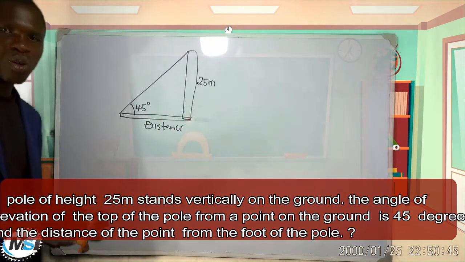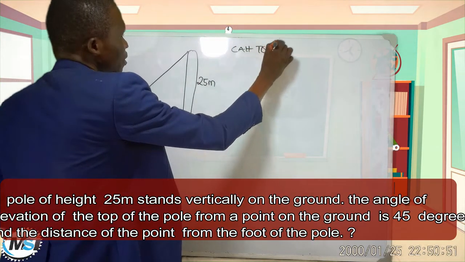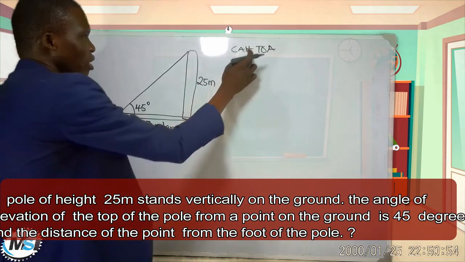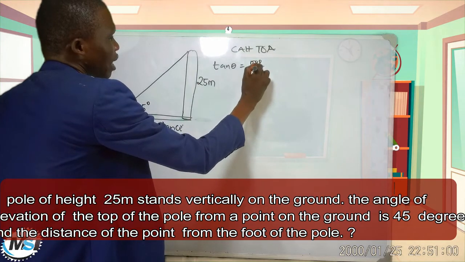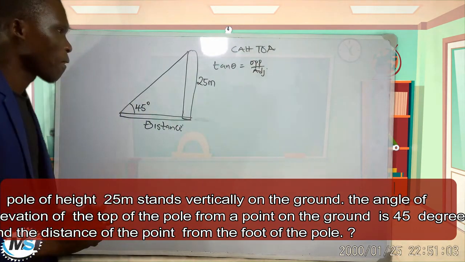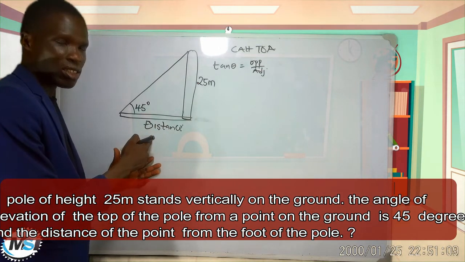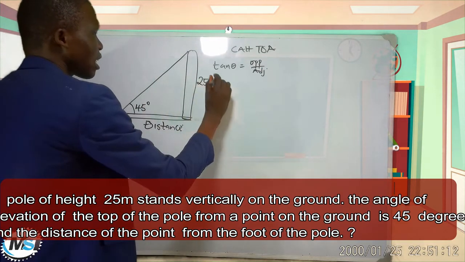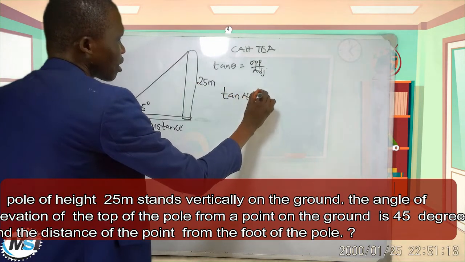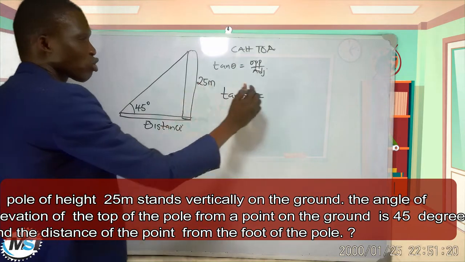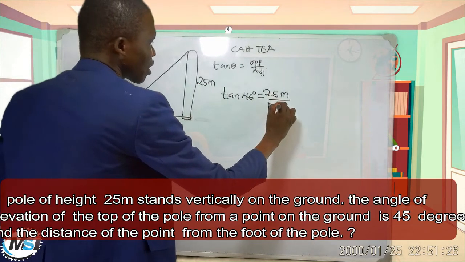Now, remember SOHCAHTOA. Here, if we use tan theta, TOA, opposite over adjacent. This is adjacent, and this is what we are looking for, the distance. Now, tan theta has been given to us, tan 45 degrees equals opposite, which is 25 meters, divided by adjacent, which is distance.